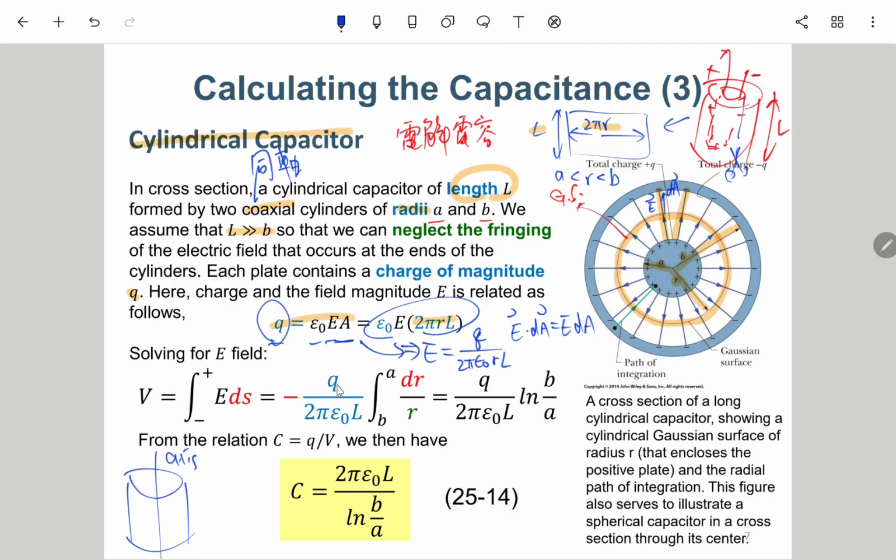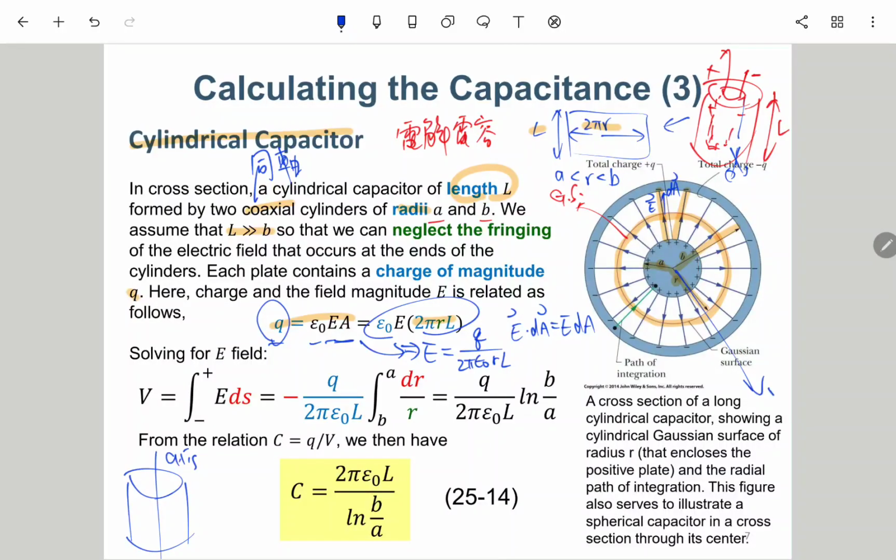So here we have Q over 2 pi epsilon naught L, and then ds. Ds is like, for example, this. This is S. Sorry, S shouldn't be like that.